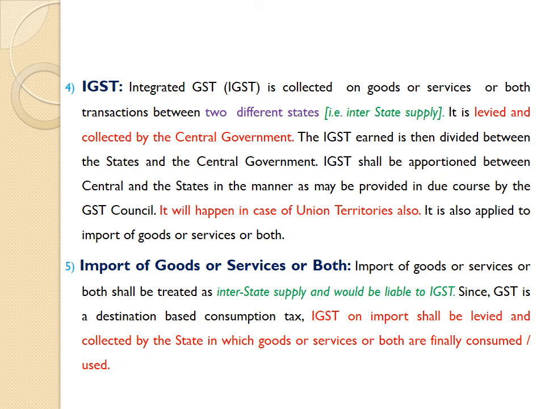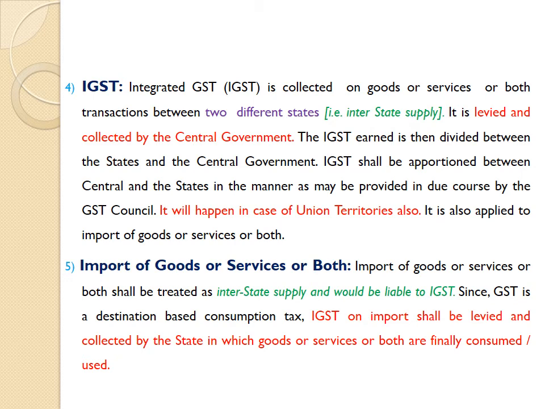IGST, Integrated Goods and Services Tax. Integrated Goods and Services Tax is collected on goods or services or both transactions between two different states, that is interstate supply. It is levied and collected by the central government. The IGST earned is then divided between the states and the central government.